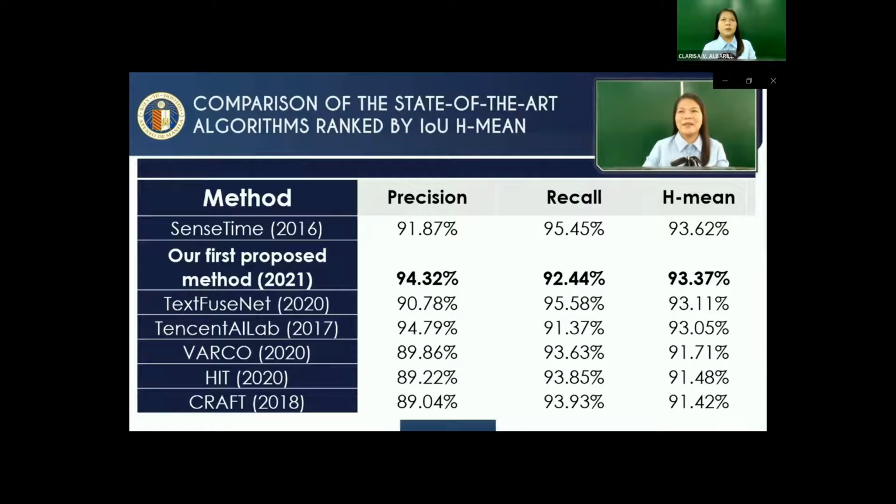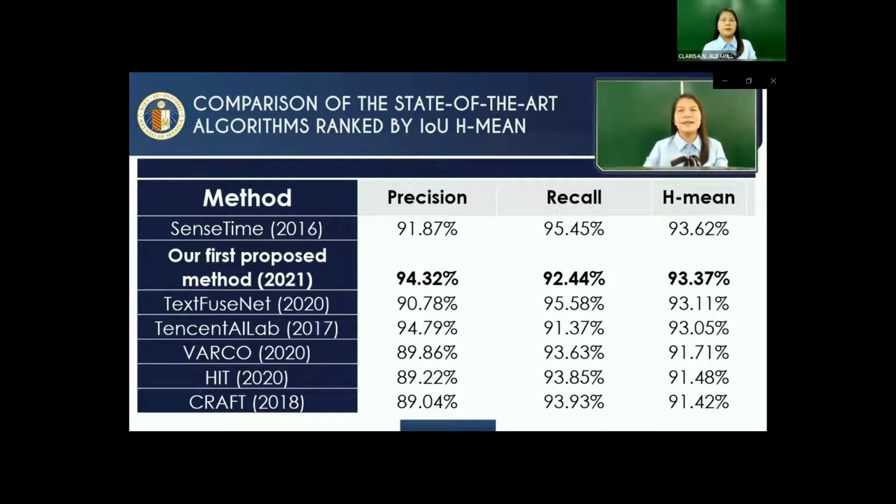An updated ranking of the top-performing algorithms shows an impressive ranking of the proposed algorithm. The best results of using blind deconvolution as a pre-processing step for CRAFT were garnered when using a PSF of 1-2. Under this configuration, the proposed CRAFT yielded an IOU-H mean of 93.37%, which is a marked improvement over the 91.42% IOU-H mean of the original CRAFT.